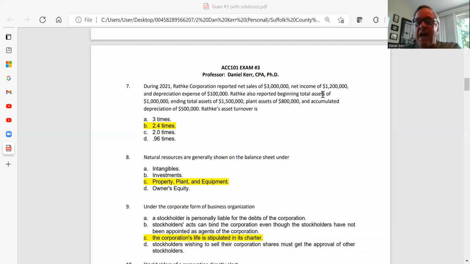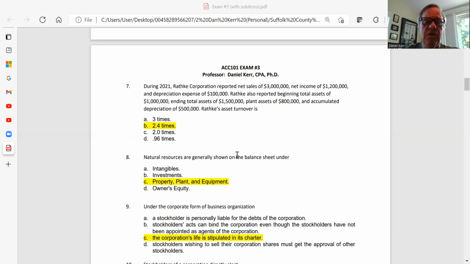And they want to know what the asset turnover is. So the asset turnover is simply the net sales divided by the average total assets. That would be 3 million divided by the average of 1 million and 1,500,000, which is 1,250,000. If you divide 3 million by 1,250,000, you come up with 2.4. So your answer there is B.